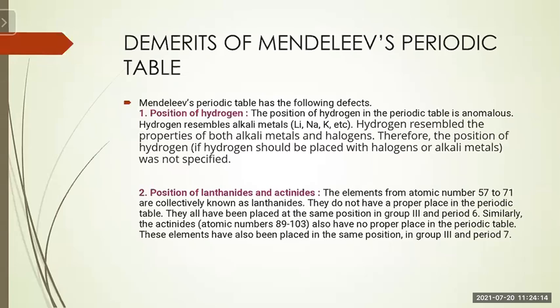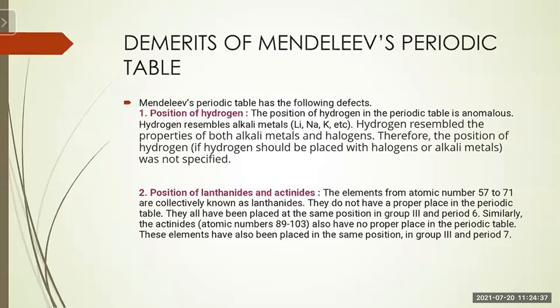Then what was the second defect? That is the position of the lanthanides and the actinides. The elements from atomic number 57 to 71 are collectively known as the lanthanides. They do not have a proper place in the periodic table; they have all been placed in group 3 and period 6.